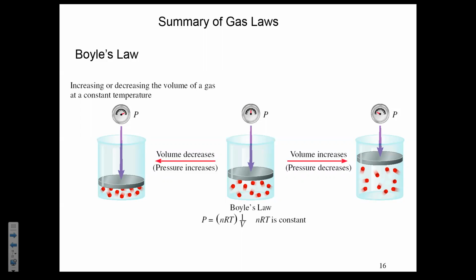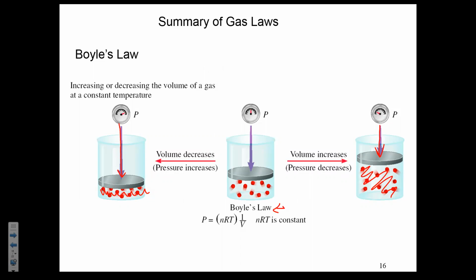So you can see as we increase the pressure here, my molecules have a little space down here. As we decrease our pressure, you can see that I have a lot more volume, a lot more space. Again, these two are inversely proportional. As one increases, the other decreases. We call that Boyle's law.